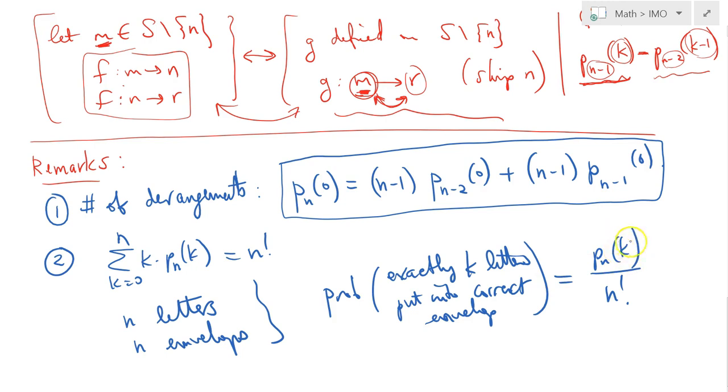So those that have the correct letters in the correct envelopes, the fixed points basically, and that's pretty beautiful, right?